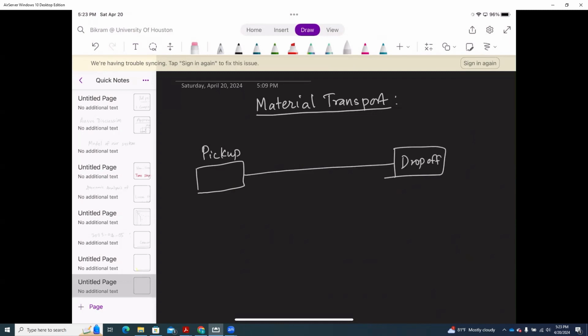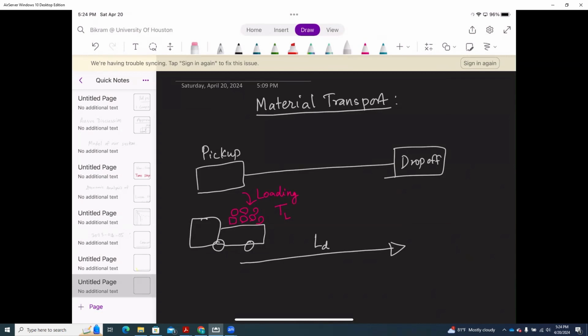So this vehicle has to load objects. This is loading, and the time it takes to load is TL. And here, the vehicle has to now travel, so it has to go from pickup to drop-off. The distance it travels is LD.